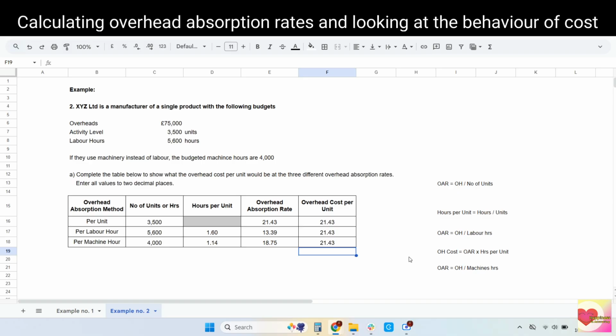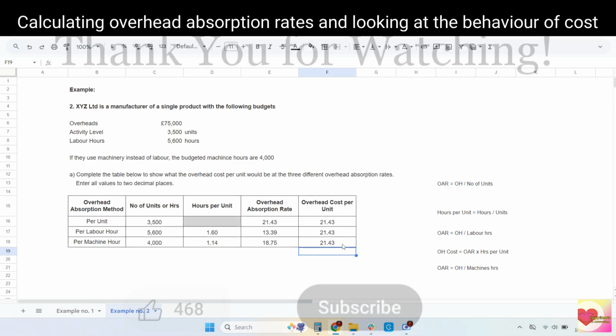Also, remember to round off on your final answer that you are going to enter in the table. Imagine if we forgot that we have previously rounded off this figure and we multiplied this by the OAR, then we will get a different figure. So it's important to take notes as well.